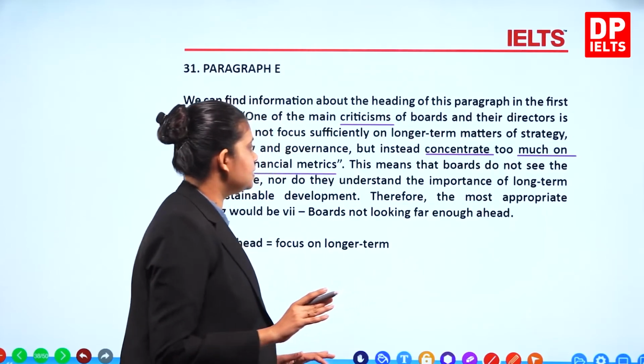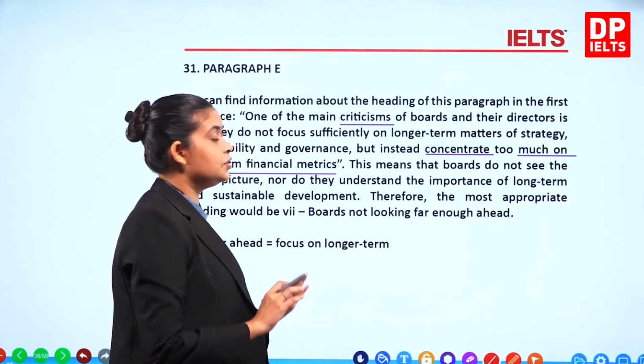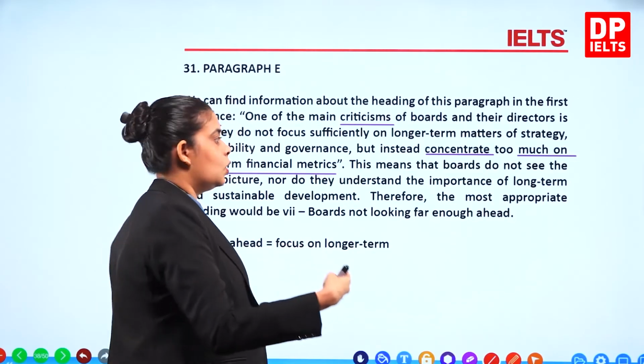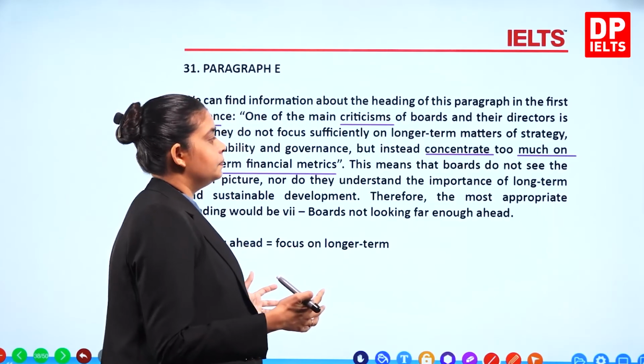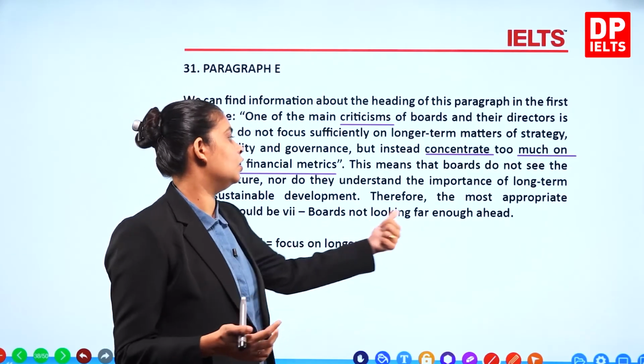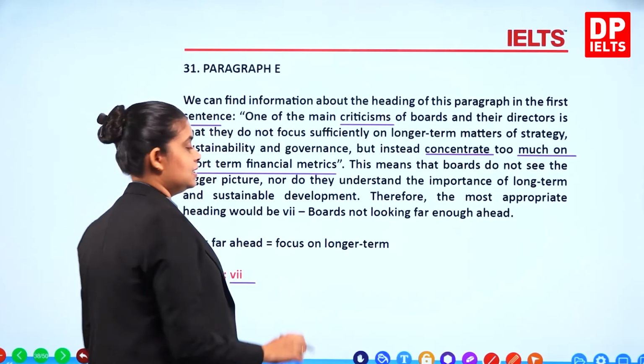So this means the board doesn't really understand the bigger picture. They don't understand the importance of long-term plans and development, right? Therefore, boards are not looking far enough ahead. So that is definitely the answer 7.